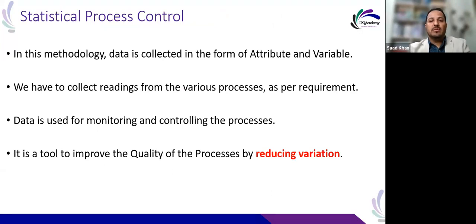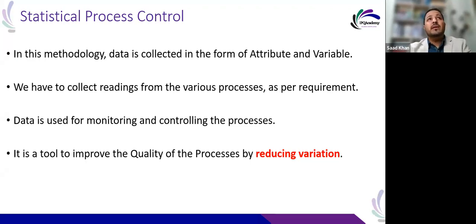Statistical process control is a methodology where you collect the data using attributes and variables. For various processes, we collect data, convert this data into information, and then make valid, informed decisions on the basis of the data. So the whole idea of using statistical process control is to reduce variation.